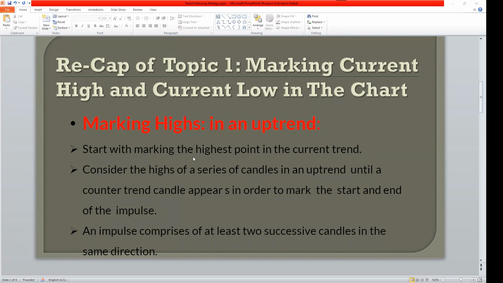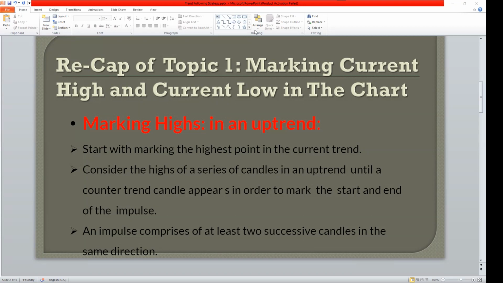Now, in the uptrend, you look at the highest point. That is where you will mark your high. Then after marking your high, that is the point of entry. Then you will have to go down. Because that is the highest of that particular impasse, you will want to go downwards to establish the low.